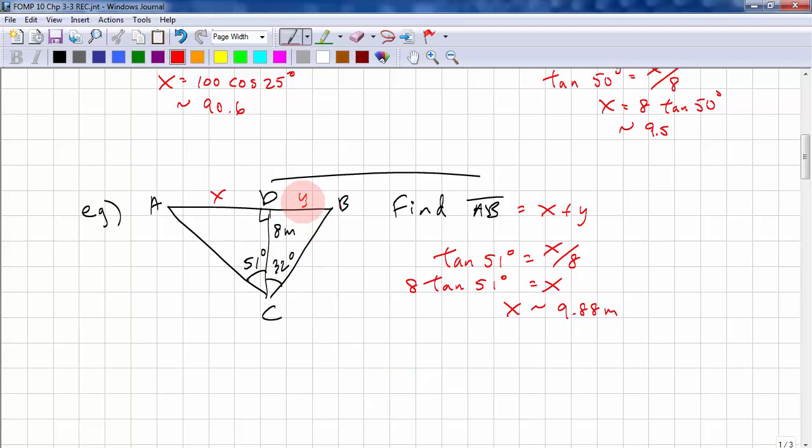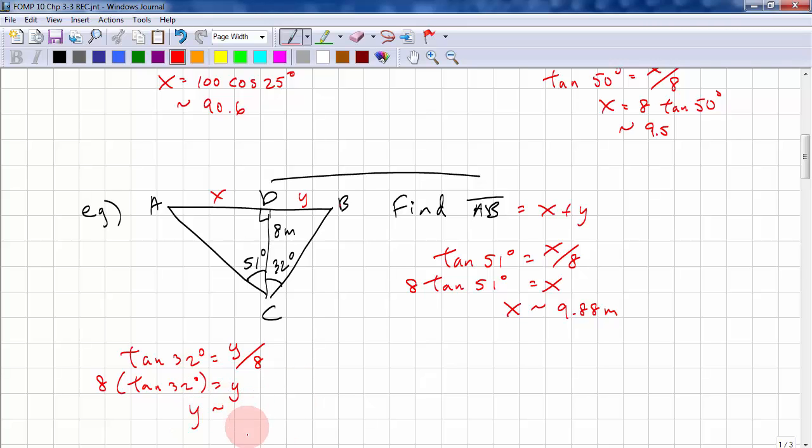If we're solving for y, it's a similar setup. So tan 32 equals y over 8. y equals 8 tan 32.